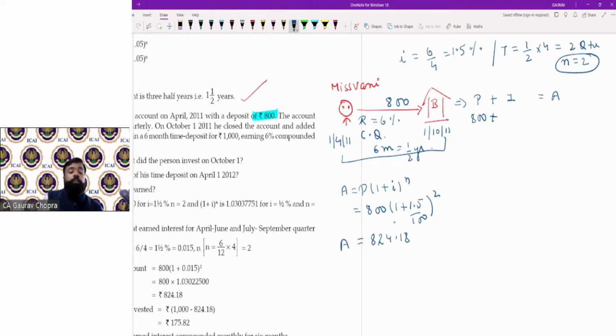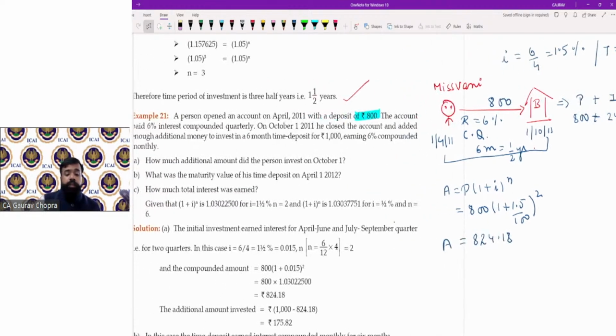So this is the amount which she is receiving on 1st October. So we can write 24.18 is the interest and 824.18 is the amount which she is receiving on 1st of October. Right? Now, what is the next step?